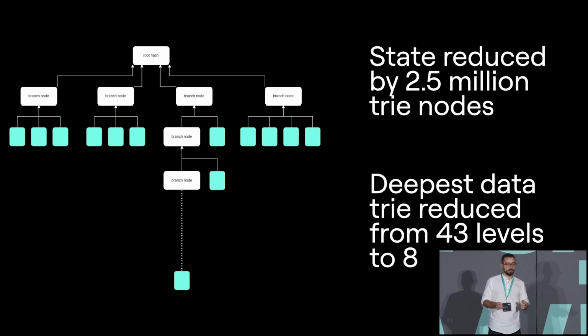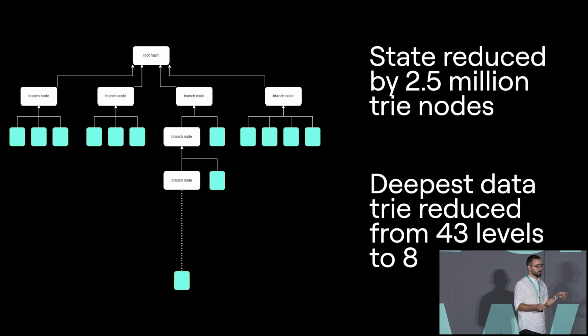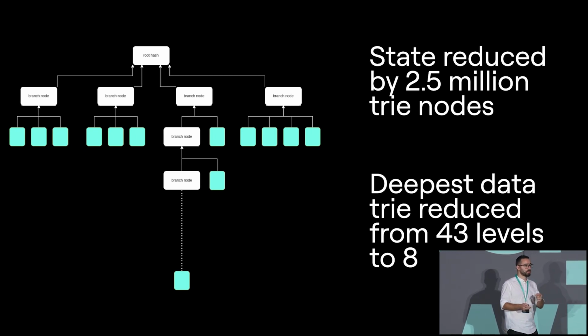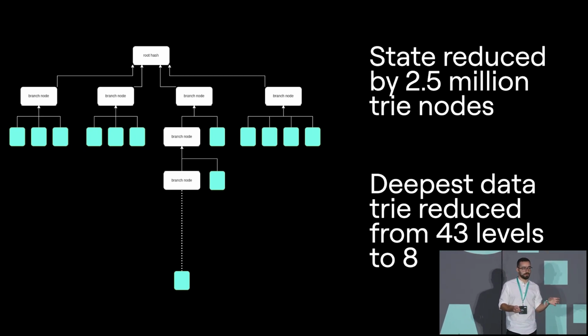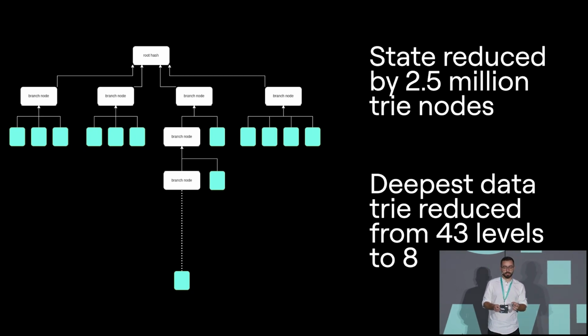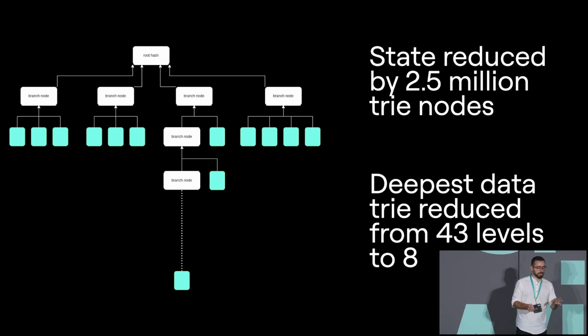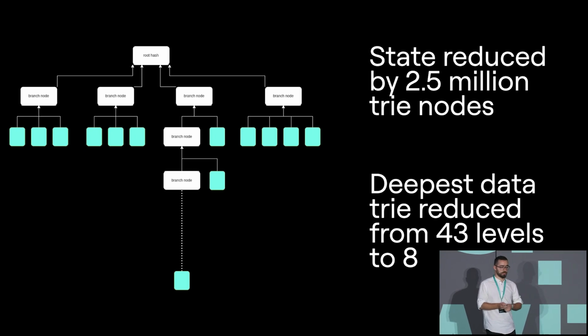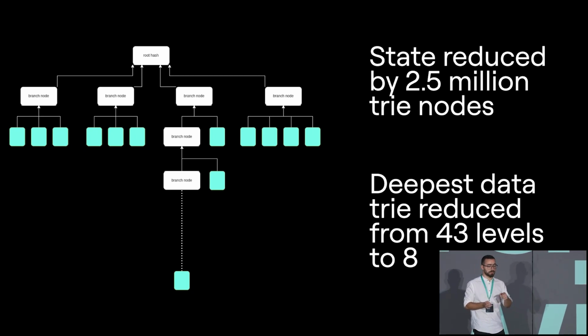When this feature is activated, all the leaves that are modified will be saved with a new version. So instead of saving the leaf at the key, it will be saved at the hash of the key. We have run some benchmarks for this feature. If we migrate the whole state, and we have already implemented a built-in function that we can call, which migrates all data to the new version, the state will be reduced by 11 million tree nodes.